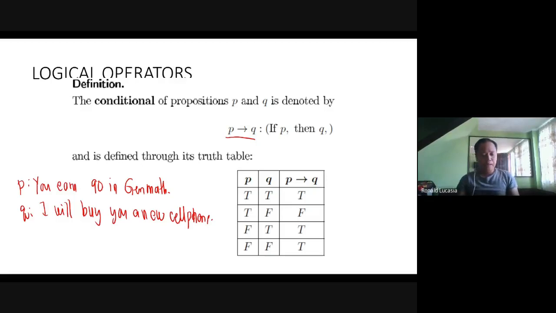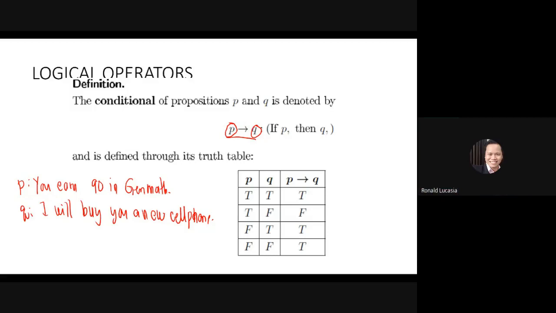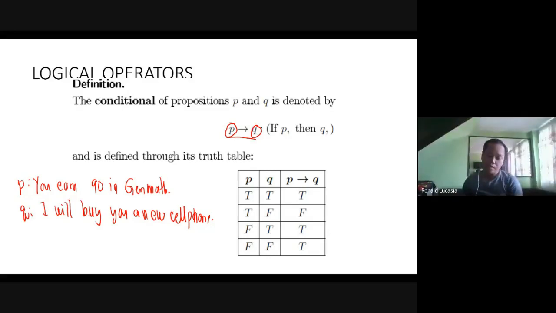So again, this is the hypothesis or the premise, and this is the conclusion. That will be read as if P, then Q.